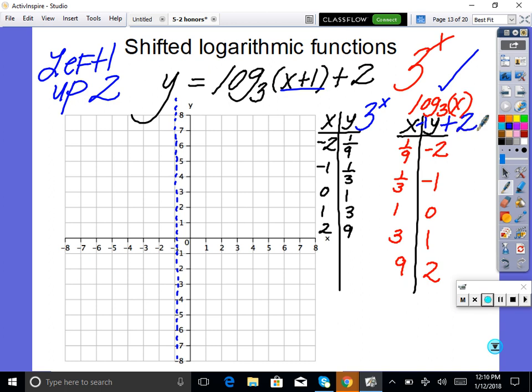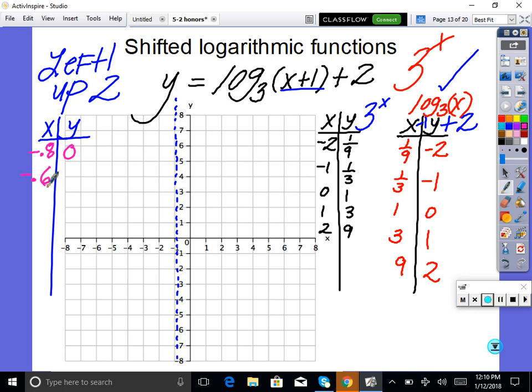So you would go off to the side. You would make a new xy chart, and you would tell me what the new points are going to be. So everybody take your calculator. Let's just do decimals. 1/9 minus 1 is negative 0.8. And then negative 2 plus 2 is 0. Yep, 1/3 minus 1 is negative 0.6.